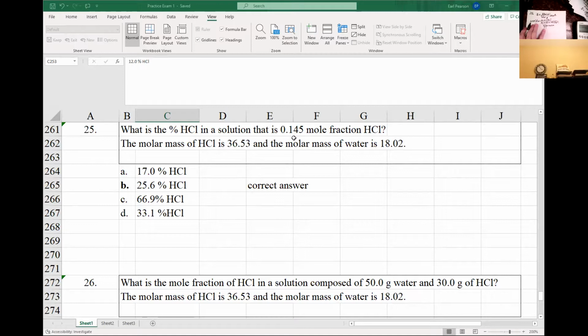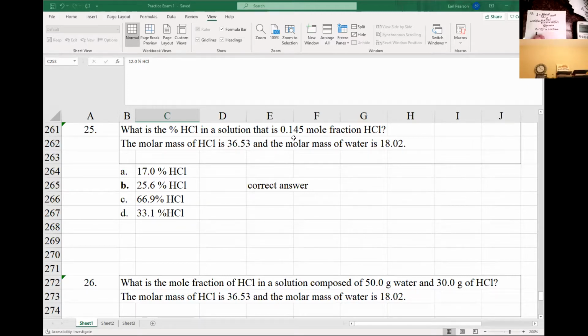Now, if this is 1, the moles of HCl is going to be 0.145 moles.